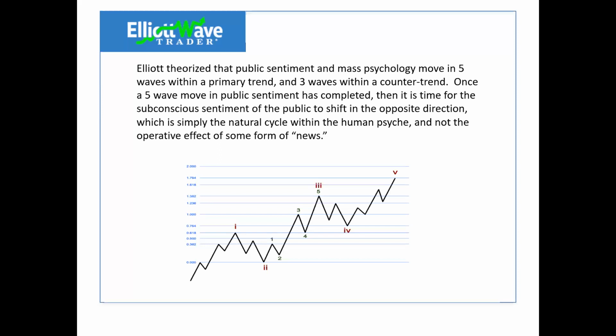But again, in each of the primary moves within the trend, each of waves 1, 3, and 5, those waves also break down into 5-wave structures. Now, one of the things that we have added to the Elliott wave lexicon is something I identified many moons ago, almost 20 years ago by now.